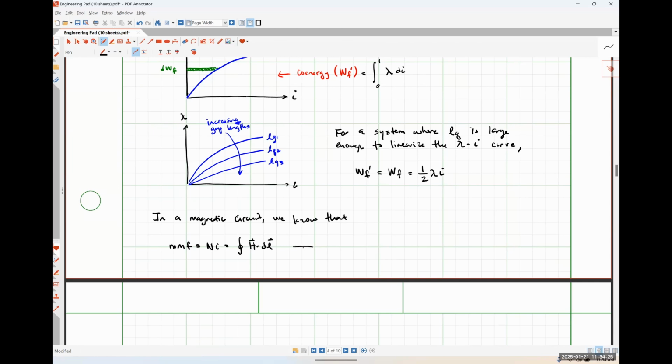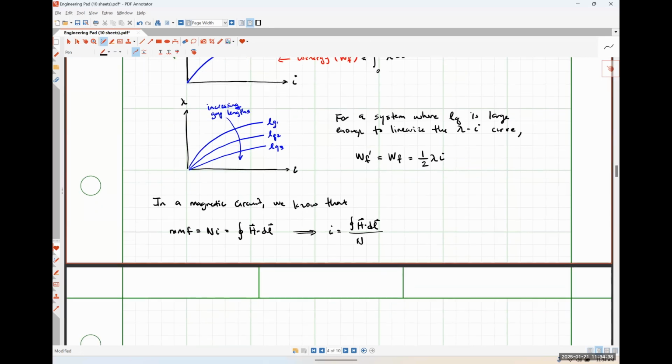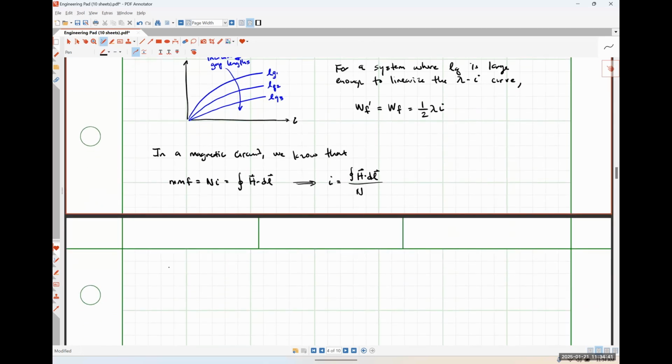And we could rearrange this to find that our current I is then the integral of H dot DL over our number of turns. We also know that our flux linkage, sorry, that gamma looks bad, is equal to N times our magnetic flux, where our magnetic flux could be written as our area multiplied by our B field.